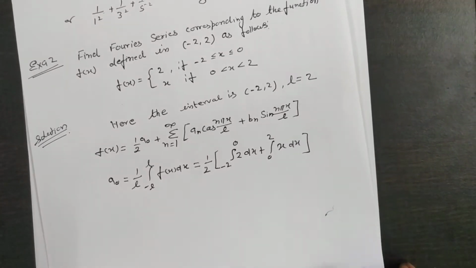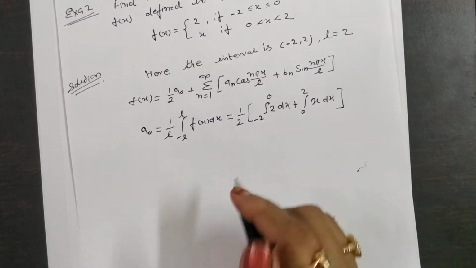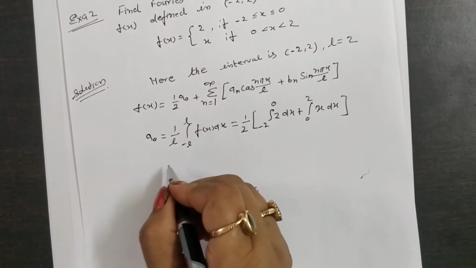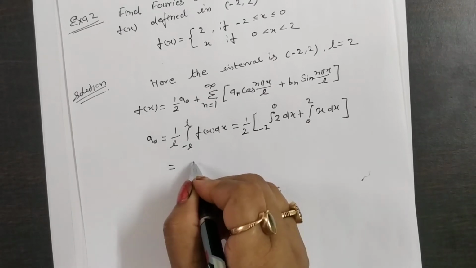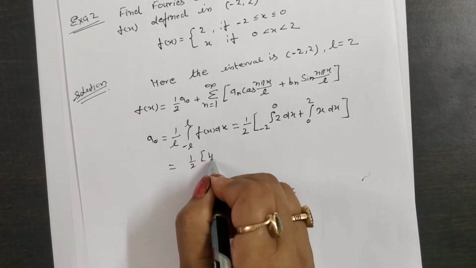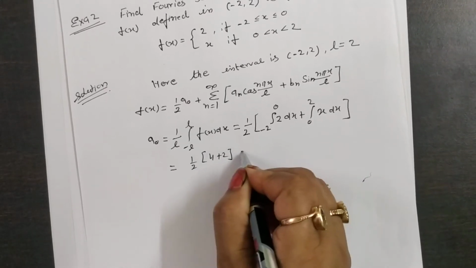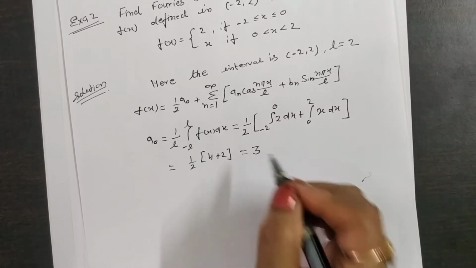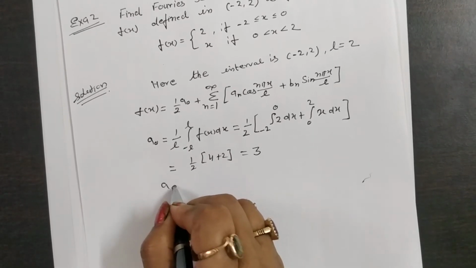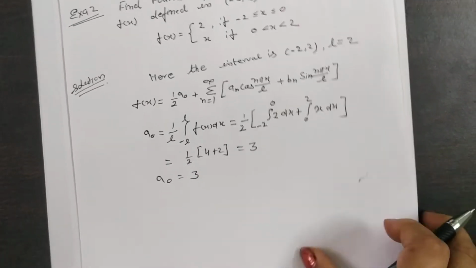Solving this you get 1 by 2 of 4 plus 2, that is, a0 is 3.